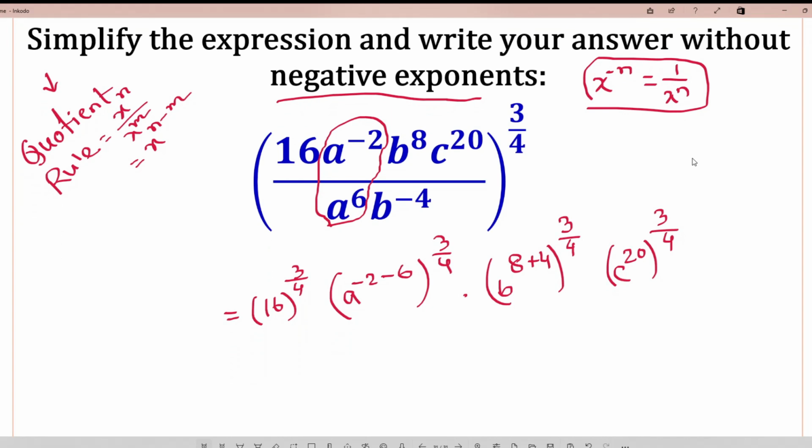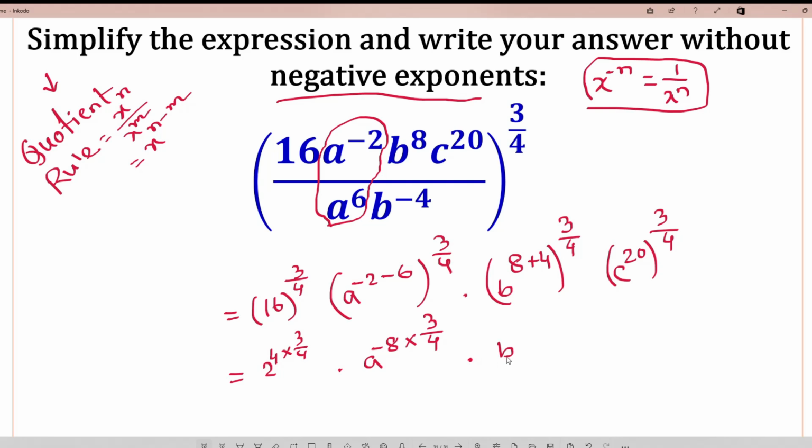Okay, now look, this 16 we can write as 2 to the power 4 and here is times 3 by 4. Okay, and here is a to the power minus 2 and minus 6, it means minus 8 times 3 by 4.